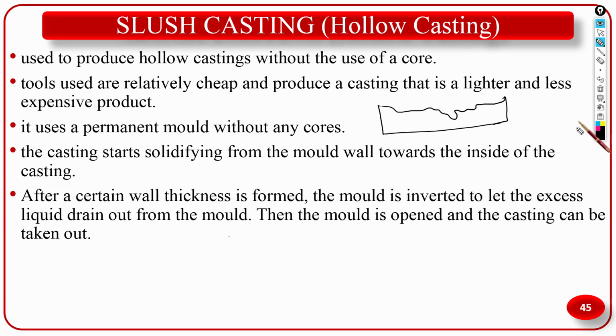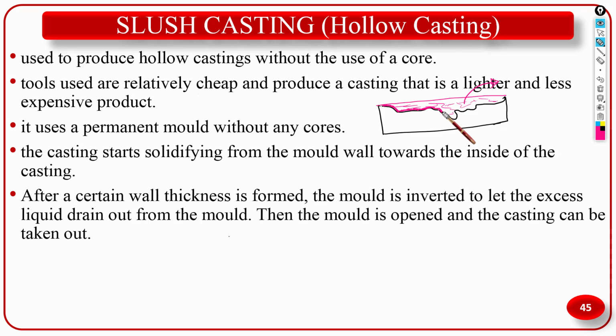What is done? The molten metal is filled here. Gold is filled completely, and once gold is filled, after that this gold will be taken out. And what will happen? A very, very thin layer of gold will be formed here.